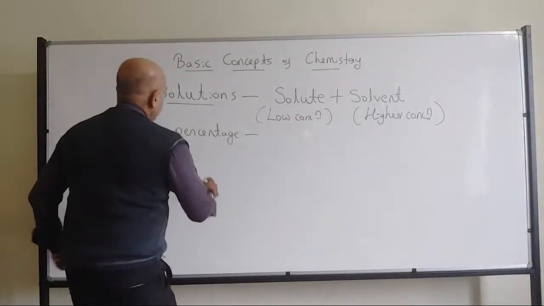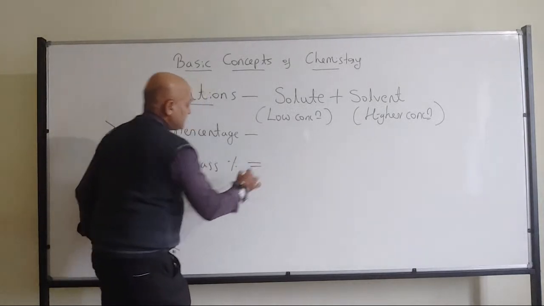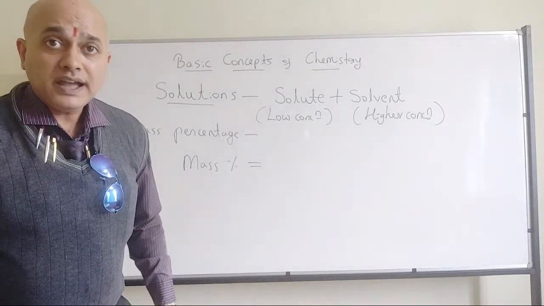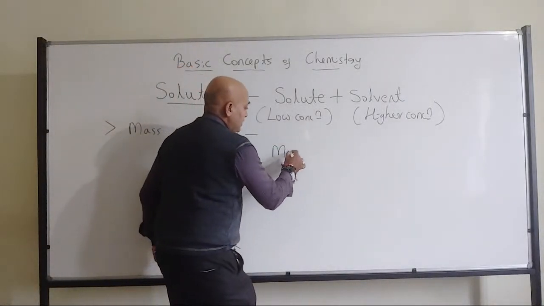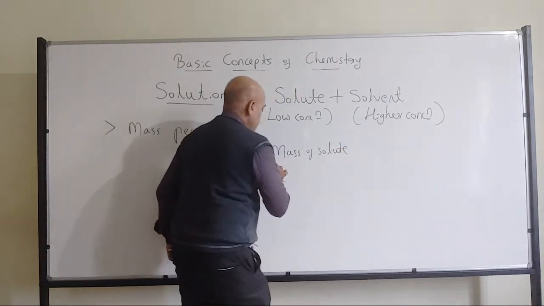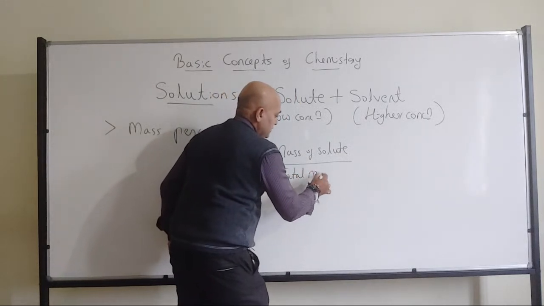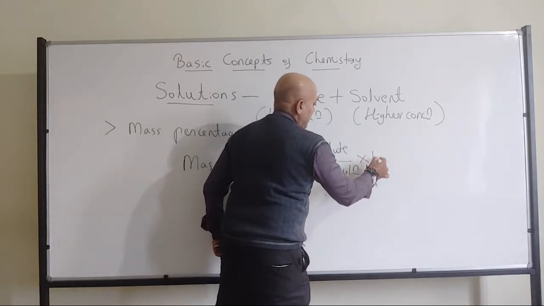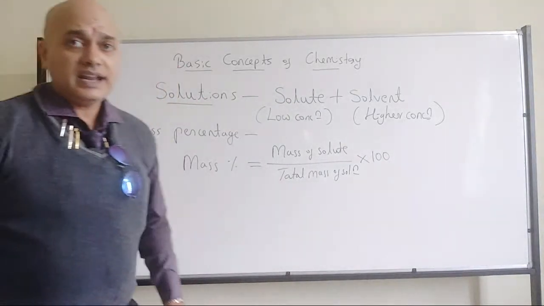That means if I want to find mass percentage, I can use this equation: mass percentage is equal to mass of solute divided by total mass of solution, multiplied by 100.